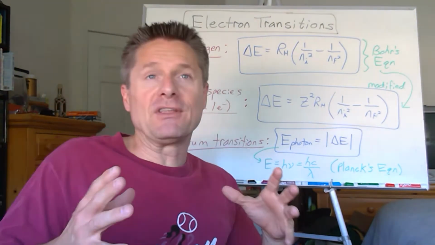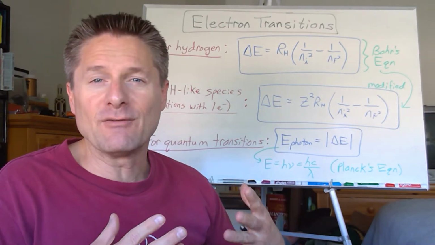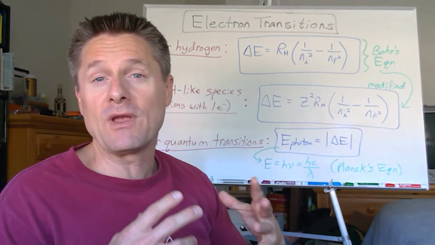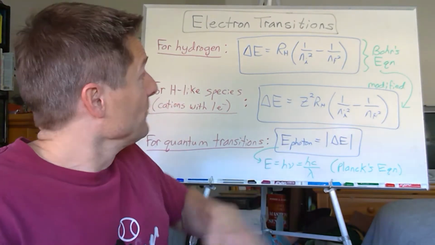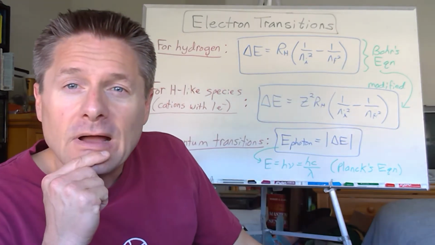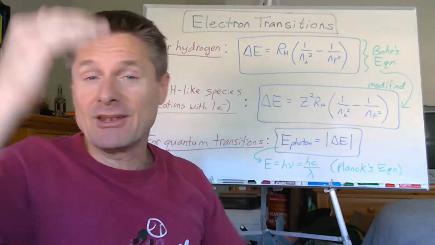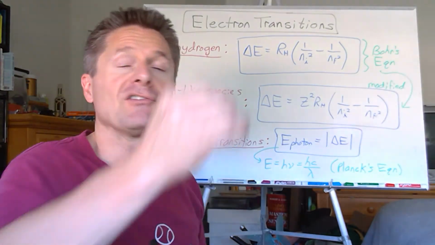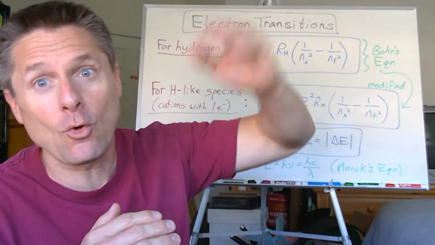I love being able to take the quantum ideas of Bohr with the resulting Bohr's equation from that, and there are several things we can do with it. My particular favorite is to give you an initial and a final quantum level or orbit. So say an electron's in orbit 7 and drops to orbit 4, starts in orbit 3 and relaxes to orbit 1, or starts in orbit 1 and gets excited to orbit 4.